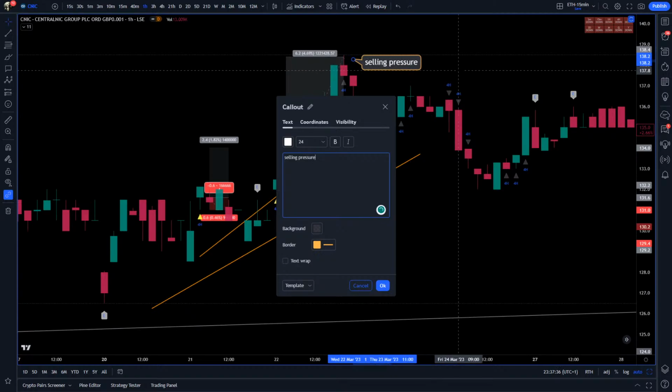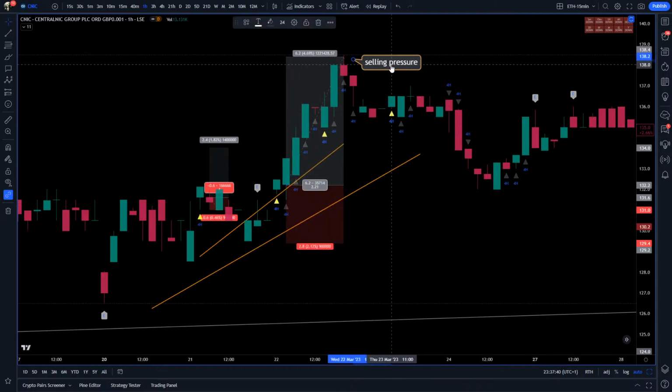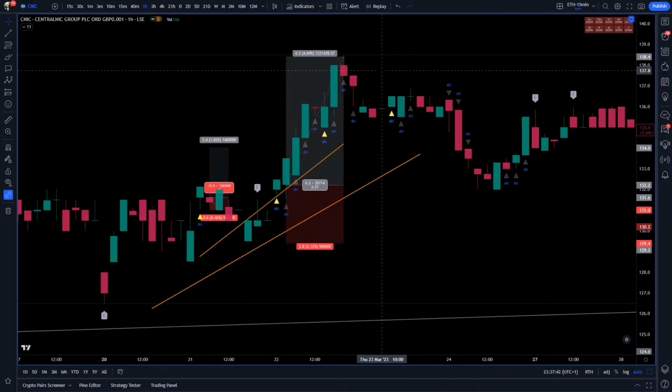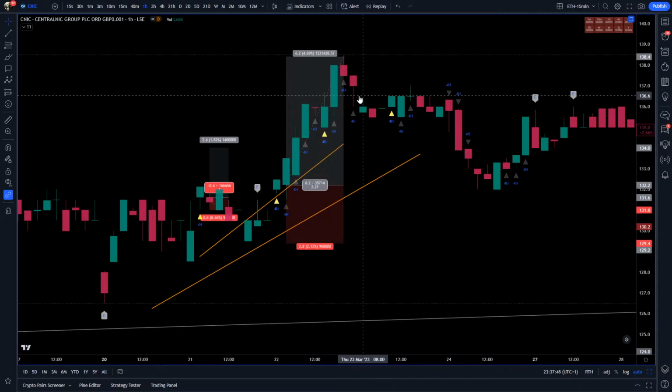So this selling pressure is for the 1-hour trend. So when we see selling pressure, actually, the 1-hour trend reverses down.